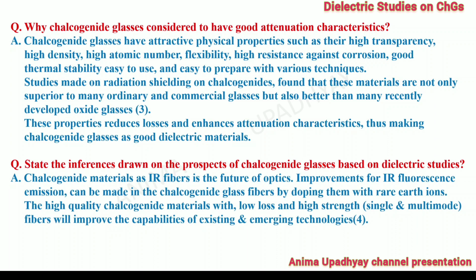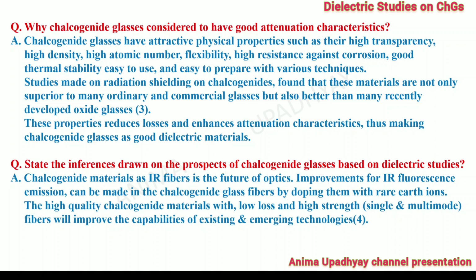Studies on radiation shielding of chalcogenides found that these materials are not only superior to many ordinary and commercial glasses but also better than many recently developed oxide glasses. These properties reduce losses and enhance attenuation characteristics, thus making chalcogenide glasses good dielectric materials.